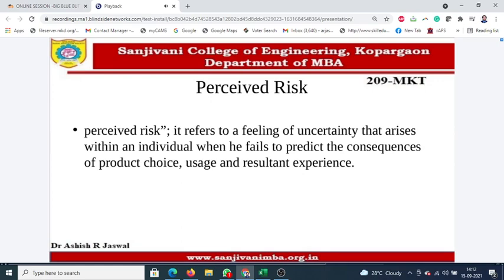Purchase केल्यानंतर सुद्धा तो फेस करतो तो. He is facing that uneasiness, that tension, even though he has purchased the product.